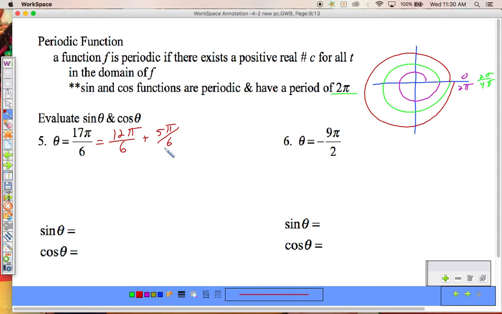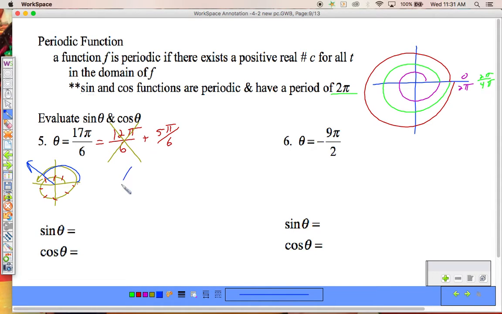So if I take 17 pi over 6 apart into 12 pi over 6 plus 5 pi over 6, which is going around and ending at 5 pi over 6, I'm going to ignore that full rotation. Okay. This graph here, this first part isn't important. All that's important is where I end up.